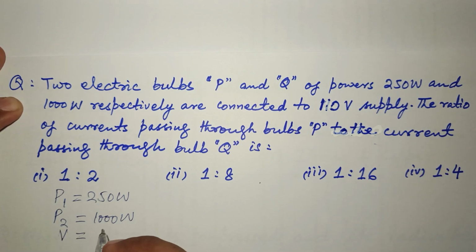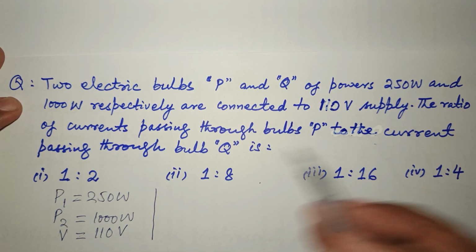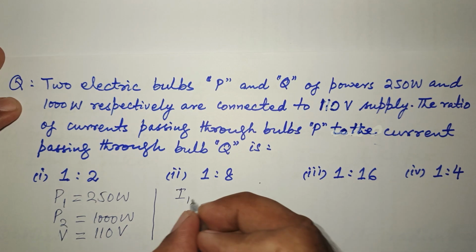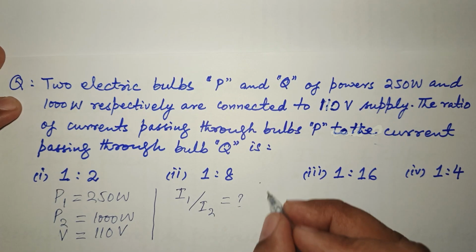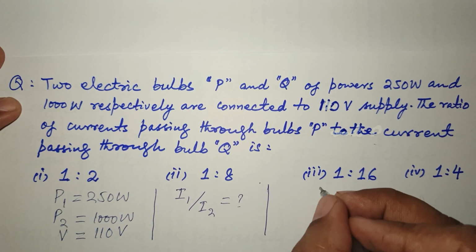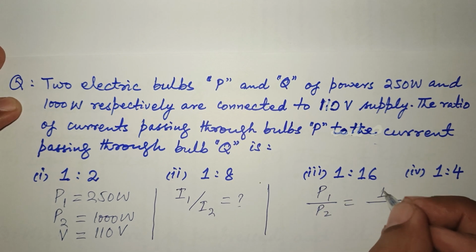The ratio of current passing through bulb P to the current passing through bulb Q, I1 over I2, we have to find out. Instead of going into the lengthy calculation, we can simplify it very quickly. We know that power is given as IV.